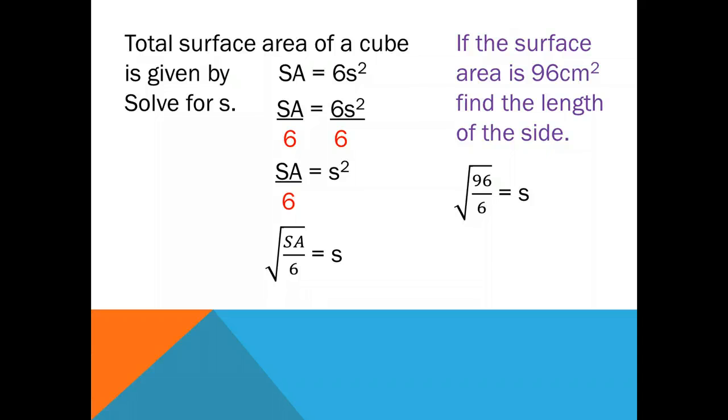And we're going to go ahead and put in our numbers. We have 96 divided by 6. And then when you take the square root of 96 over 6, you get s is equal to the square root of 16, and the square root of 16 is 4.